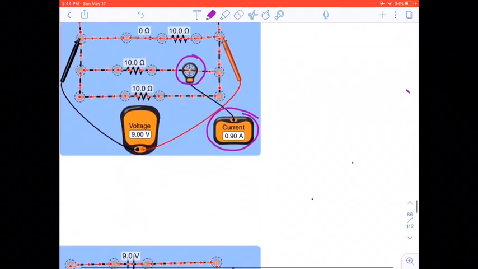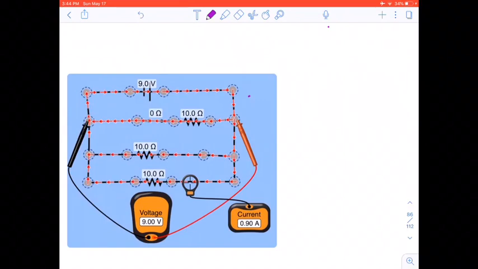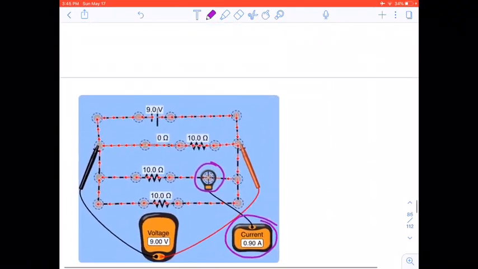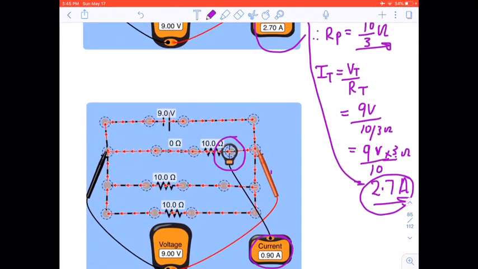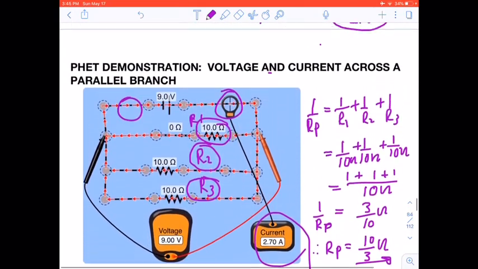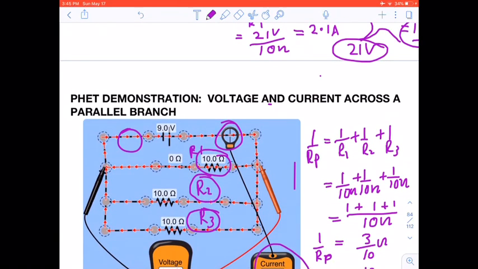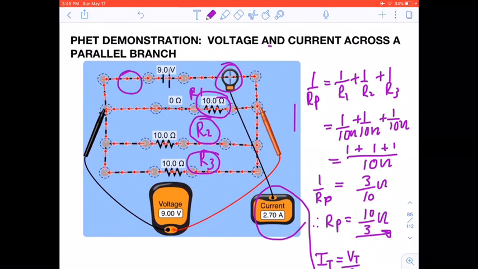So in each one, this just illustrates it, that is 0.9 amps. And since you have 0.9 amps in each, that gives us a total of 2.7 amps, and the 2.7 amps is essentially our circuit current as indicated here. Okay.